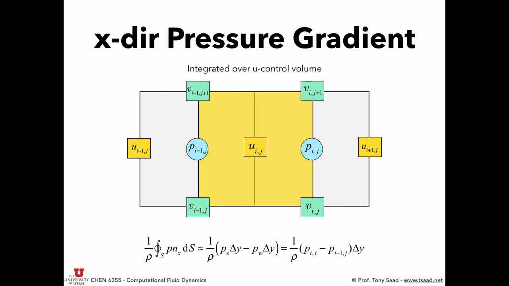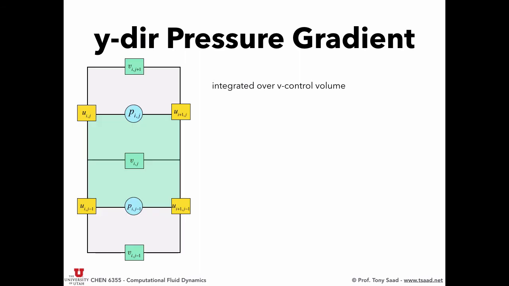Anyway, so now we go to the Y pressure gradient. What are we going to integrate that over? What's the volume for the Y pressure gradient? The V control volume, yes. This is the V control volume layout. And it just so happens that there is P that lives at the faces.